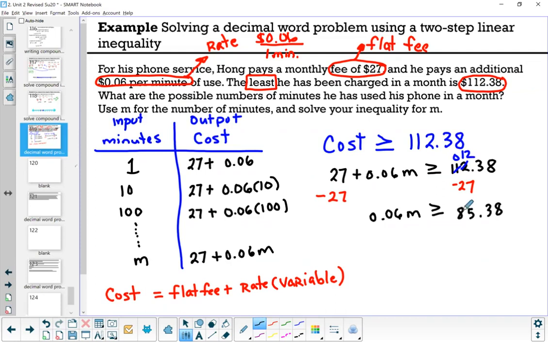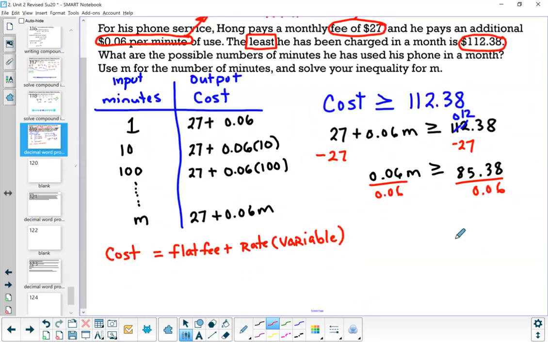Okay. Now we're dividing both sides by 0.06. All right, so this long division, you want to remember you want to do an equivalent question. So essentially, I'm going to take the decimal place to the right twice to get 6, which means for 85.38, I want to take that decimal place to the right to get 8538. All right, let's divide that. 8 divided by 6 is 1.